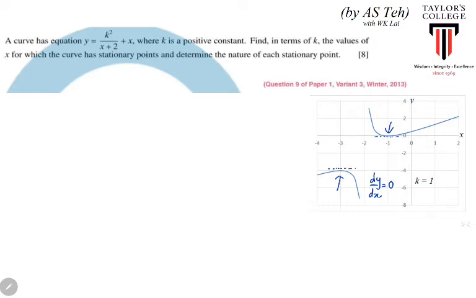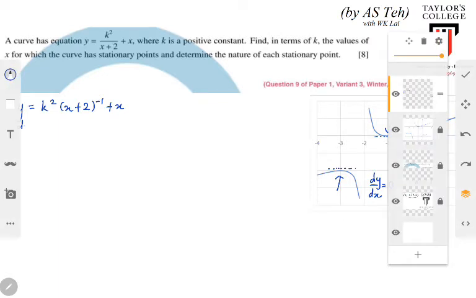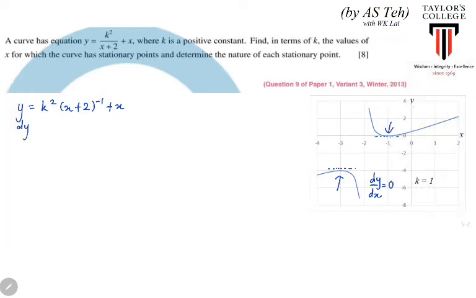Okay, so first what we need to do is differentiate our equation. So we have y equals k squared (x plus 2) to the power of negative 1, plus x, and if we directly differentiate it, we get dy per dx equals k squared times negative 1, (x plus 2) to the power of minus 1 minus 1.